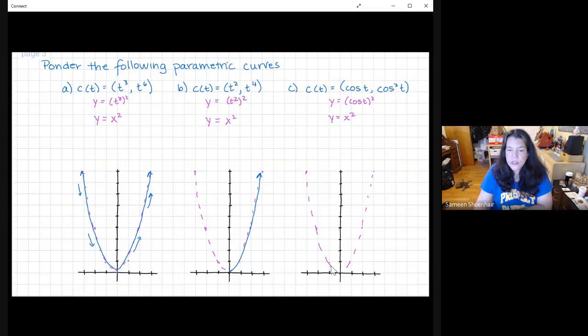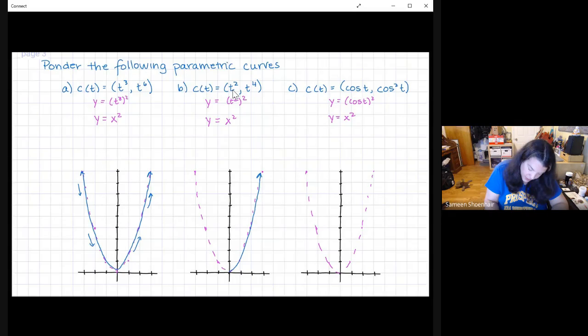So it's actually going to start with x over on the positive part. And as t goes from negative infinity closer to 0, the value of t squared goes from positive infinity closer to 0. And then once we get to 0 and go to positive infinity, the curve is going to go back.